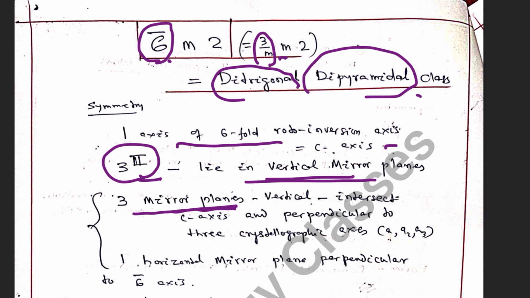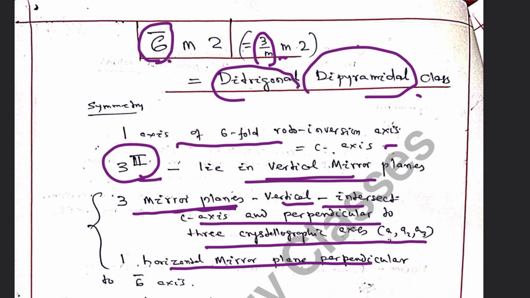The three mirror planes are vertical, intersect the C axis, and are perpendicular to the three axes A1, A2, A3. One horizontal mirror plane is perpendicular to 6-bar, because 6-bar is equivalent to 3/m. So here one mirror plane, here three mirror planes, so total four mirror planes.